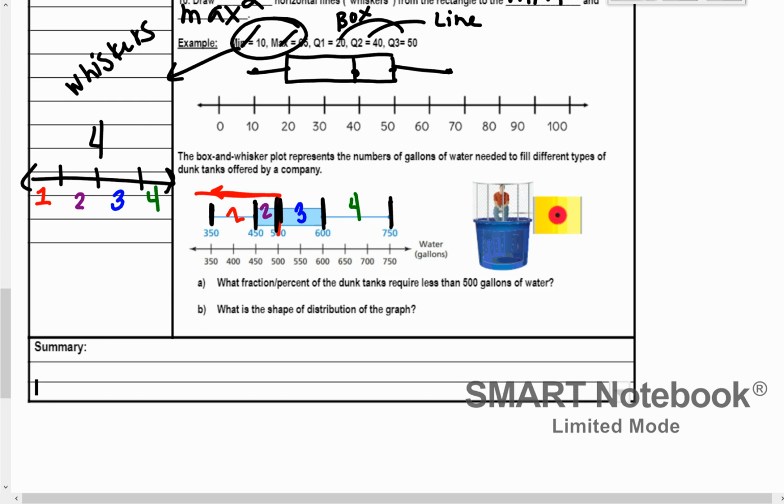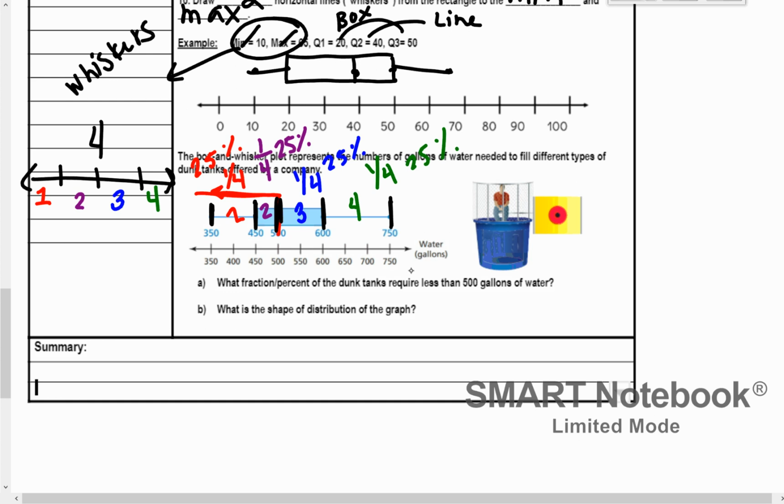So if they're split into equal parts, this is 1/4 or 25% of the data, part 1. Part 2 is also 1/4 or 25% of the data, and part 3 is 1/4 or 25% of the data. Same with part 4, 1/4 of our data or 25%, because if we added up all these percents, we'd get to 100. If we added up all these fourths, we'd get to 1 whole.